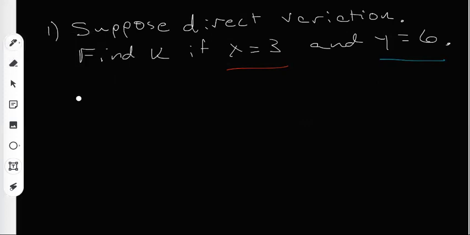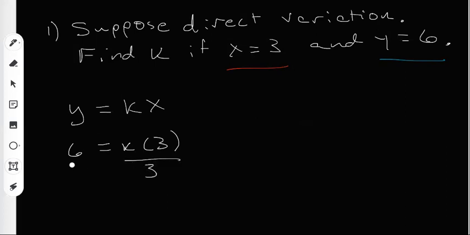So I start off with my direct variation formula, y equals kx. Then I plug in those numbers for y and x. They tell us y is 6 and x is 3. So I get 6 equals k times 3. I need to divide both sides by 3 to figure out what k is.